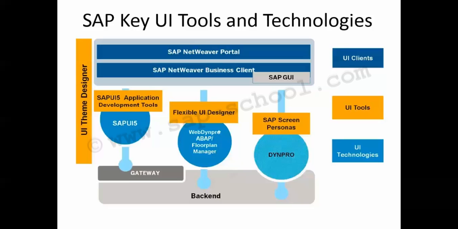So in this we can see that we have the UI clients: the SAP GUI, SAP NetWeaver Portal, SAP NetWeaver Business Client. Then we have the UI tools, like SAP UI5 application development tools, the flexible UI designer, and screen personas. Then there are the different UI technologies: SAP UI5, WebDynpro ABAP, Floorplan Manager. So now we have seen the feature of each one of these.